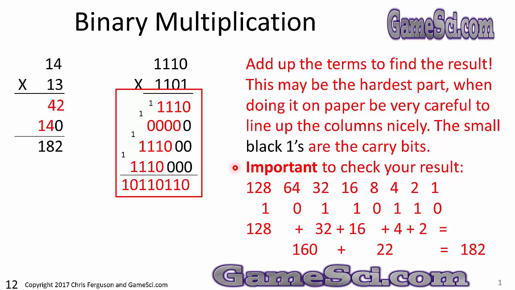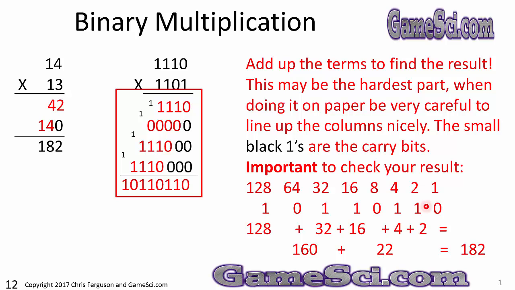It's also important to check your result. If I write down my powers of 2 backwards, 128, 64, 32, and so on, then write down my binary number underneath my powers of 2, anywhere there's a 1, it's part of the result. This is 128 plus 32, there's a 1 under the 32, plus 16, there's a 1 under the 16, plus 4, plus 2.